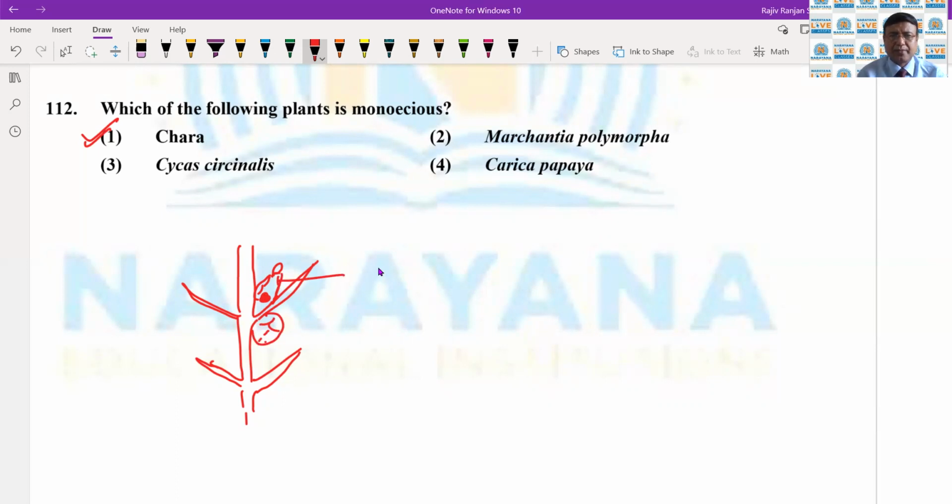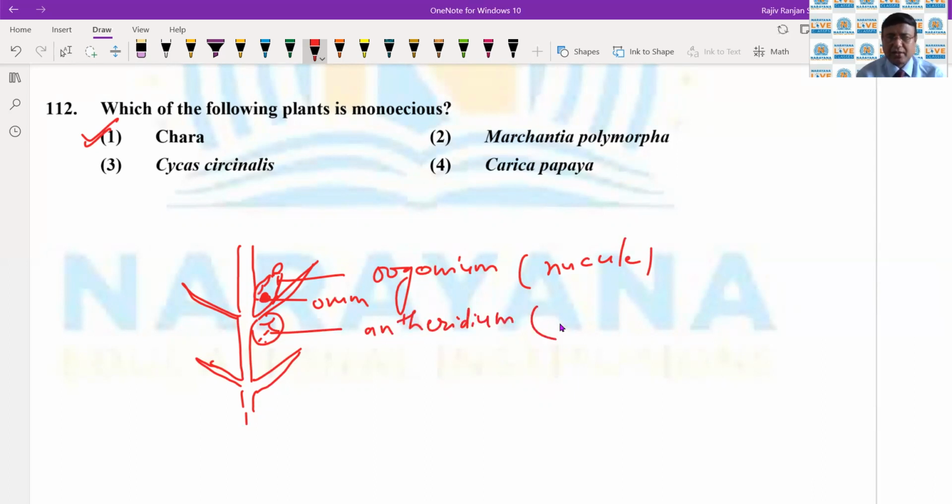So it is the oogonium, and this is the ovum. Oogonium is also called nucule, and this is the antheridium that produces the male gametes, also called globule. So both are present on the same plant, the nucule in the higher position and the globule in the lower position, and these are branches. It is the main axis.